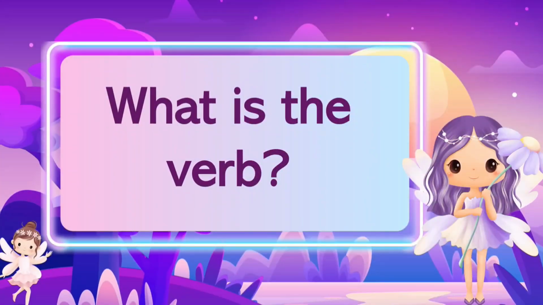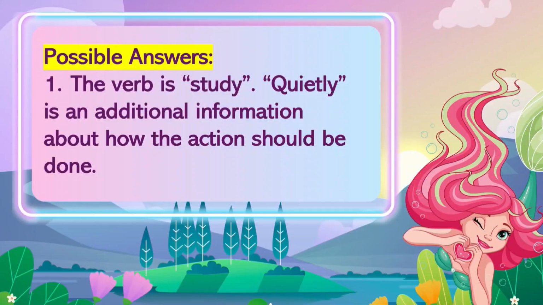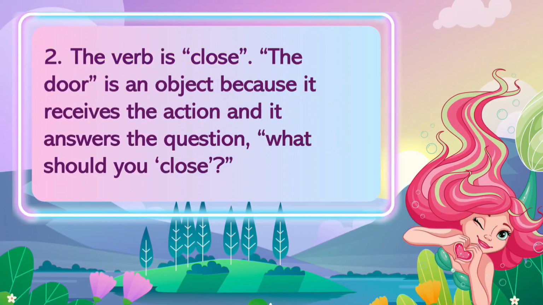Now, students, in the given example, what is the verb? In number 1, the verb is study. Quietly is additional information about how the action should be done. In the number 2 example, the verb is close.